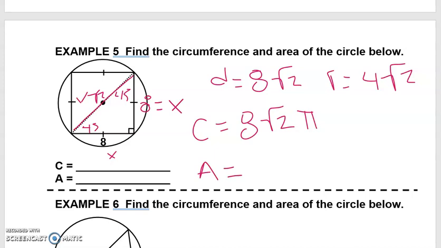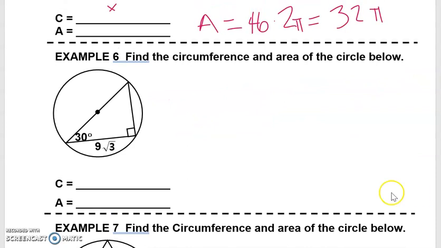So if we square this, we get 4 squared, which is 16, times the square root of 2 squared. Well, square root of 2 times square root of 2 is square root of 4, and square root of 4 is 2. Remember, it just cancels out square roots. Times pi. So 16 times 2 is 32 pi. Yay! Okay.